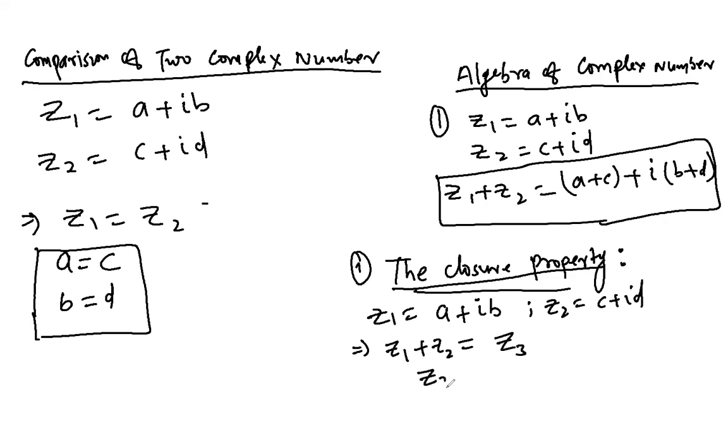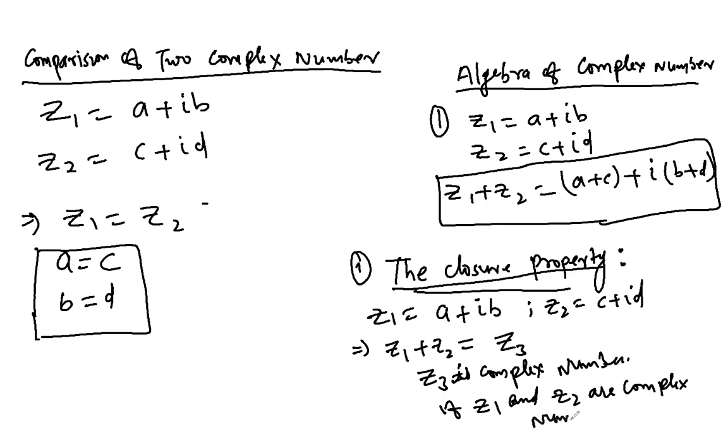So z3 will be a complex number. z3 is a complex number if z1 and z2 are complex numbers. Clear? Next slide. This is the first property which the addition law of complex numbers follows.